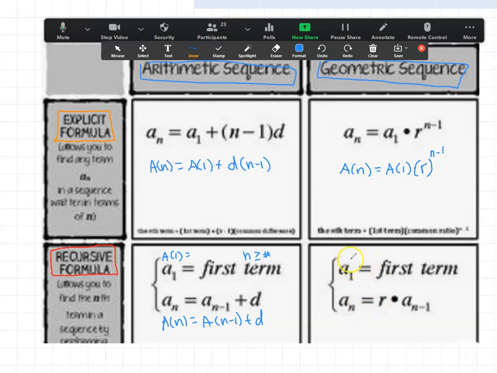And then geometric recursive: a sub 1, and a sub n is equal to the previous number, but now you multiply by the common ratio, or the growth factor.